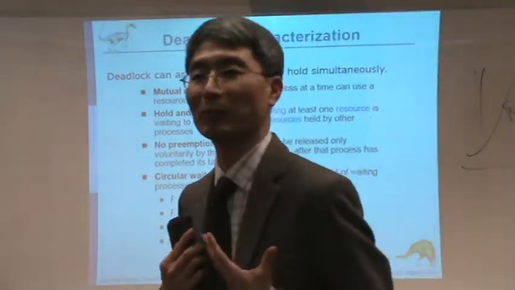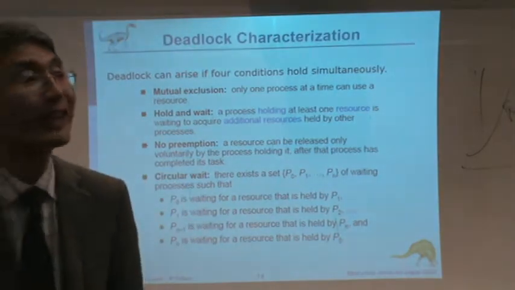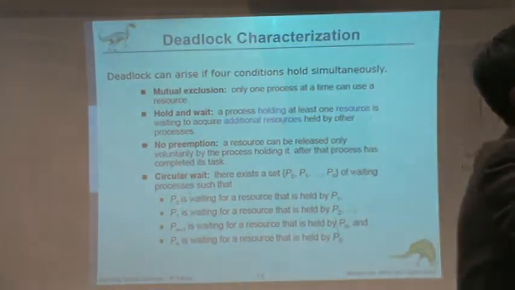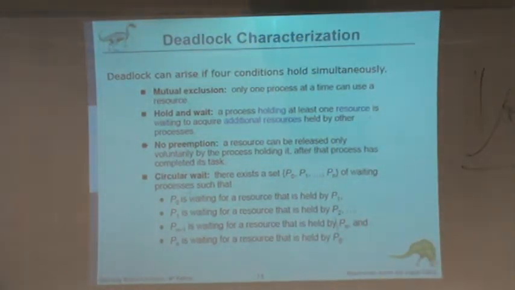You need to hold some resource, then request another, and wait for that requested resource. That is hold and wait. Process 1 is holding a resource, and process 2 is probably waiting for that resource to use. We will see that in the two process cases.